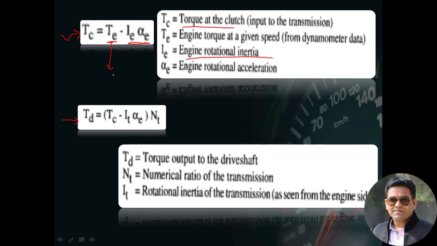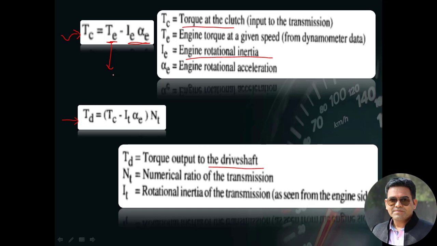The next one, TD, indicates the torque output to the drive shaft. Here, drive shaft means you can consider the propeller shaft too. In between the engine and the propeller shaft, we have another mechanical system known as the transmission box, and we are all very familiar with its construction.